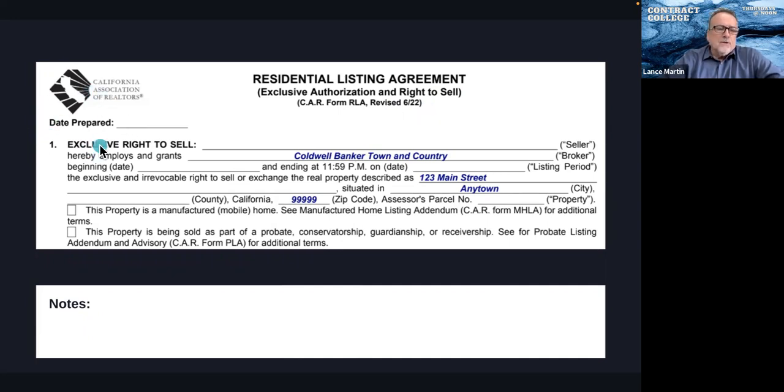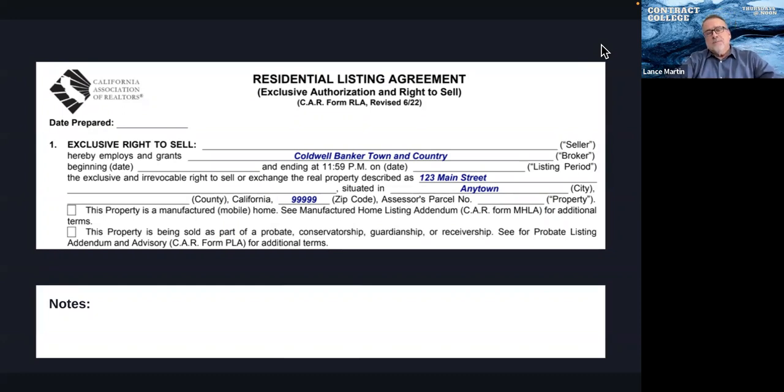So date prepared, let's start with the basics. Date prepared is exactly what it says. Date prepared is the date that you actually drafted the contract. The date you drafted the contract does not necessarily mean that it is the date that the contract was signed by your seller. Okay, so they can be different. In most cases, it could be 50-50, who knows.